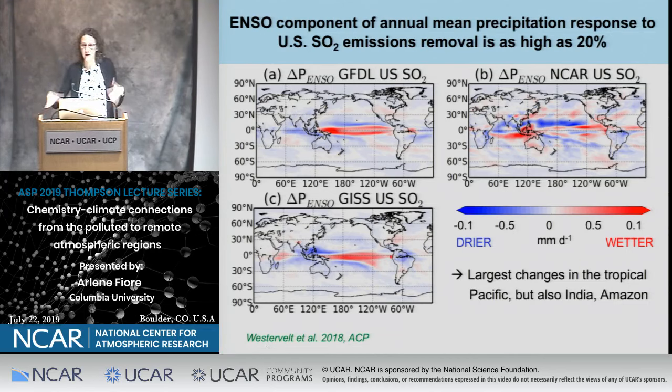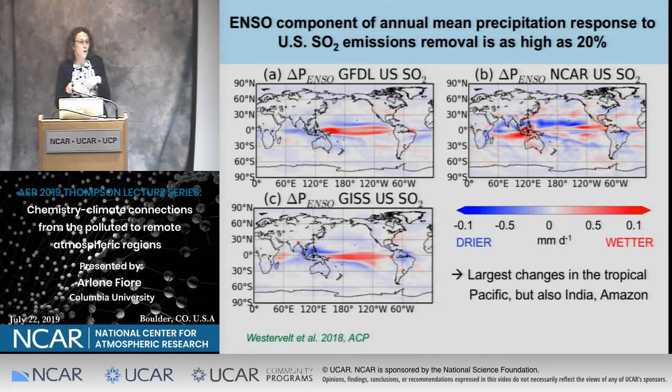Which suggests that some of these teleconnected regions are responding. And so we find that if you take the total difference in precipitation between the control run and the zero out US SO2, we can explain up to 20% of that due to this change in the ENSO index.